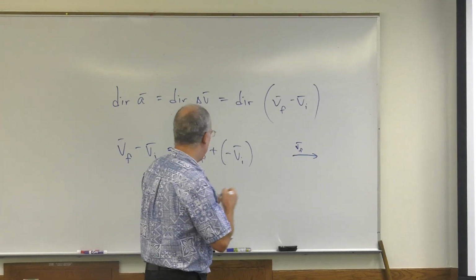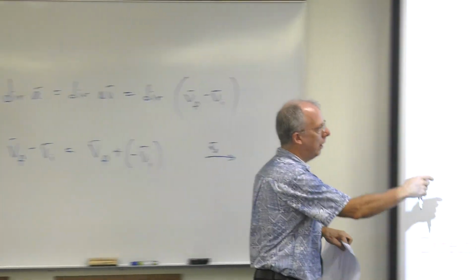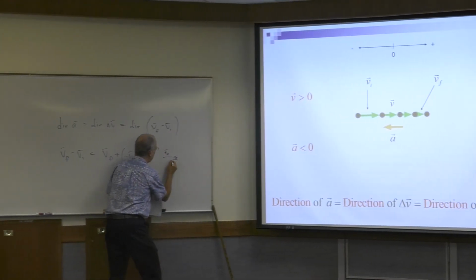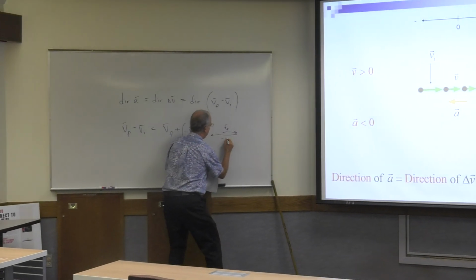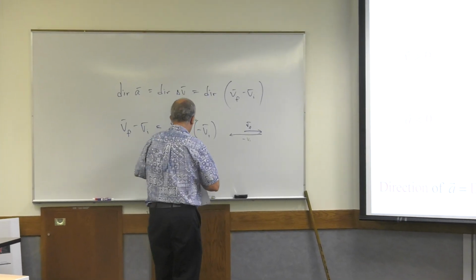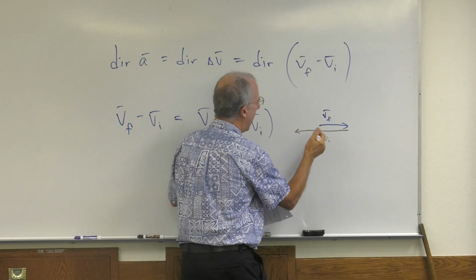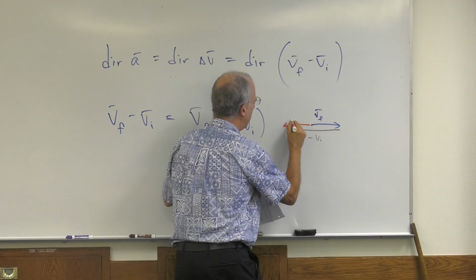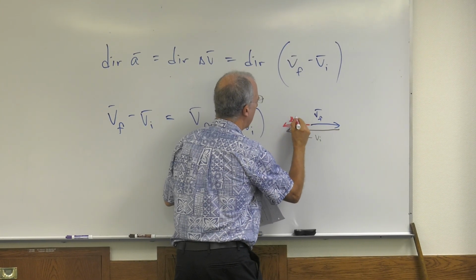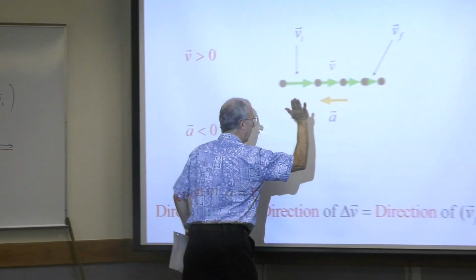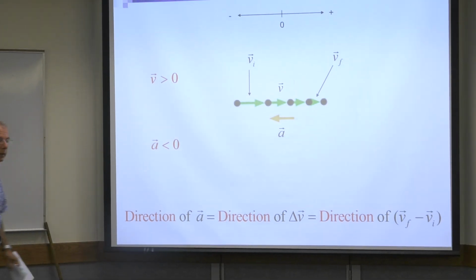And then minus v initial, okay, so here's v initial. So minus v initial, you know, head to tail is kind of like that. So you go from the beginning to the end, and there's your delta v, which points to the left, which is exactly what we said.